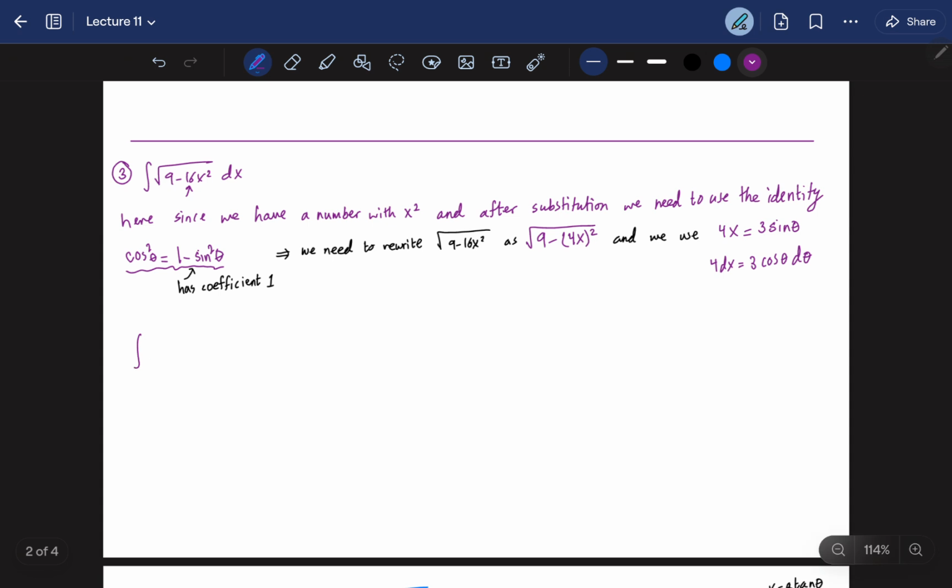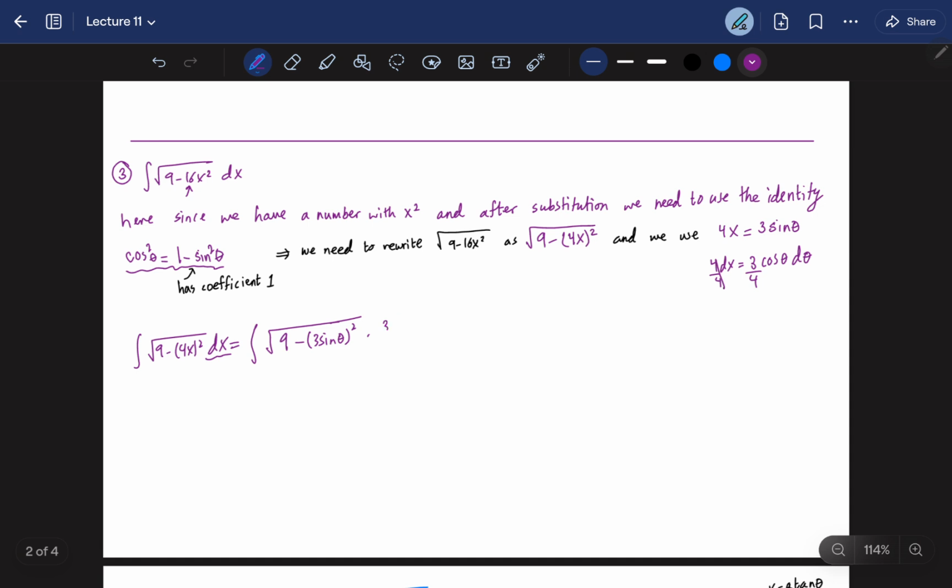So now I have the square root of 9 minus 4x squared dx. Now 4x is just 3 sine of theta. Since I have an extra 4 and I only want to substitute my dx, I need to divide by 4.